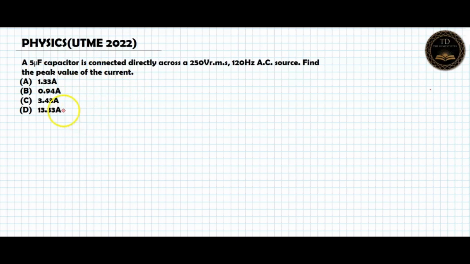So we'll just start by writing out our parameters. We have the capacitance of the capacitor given as 5 microfarad, which is 5 times 10 raised to the power minus 6 farad. Micro is 10 raised to the power minus 6.